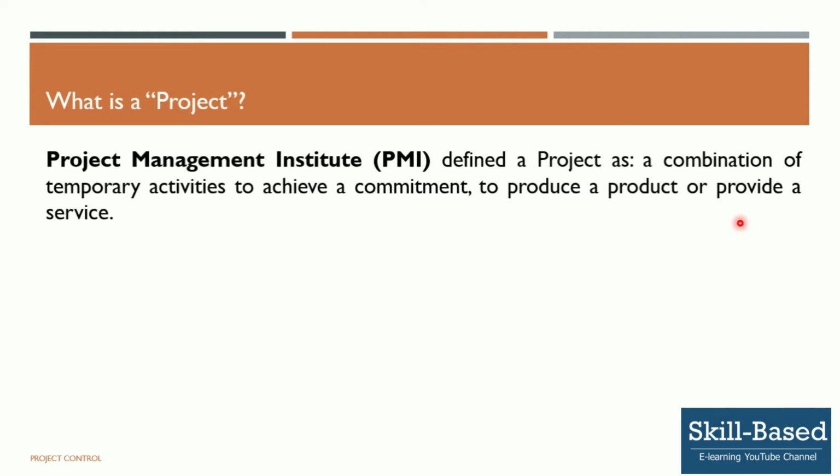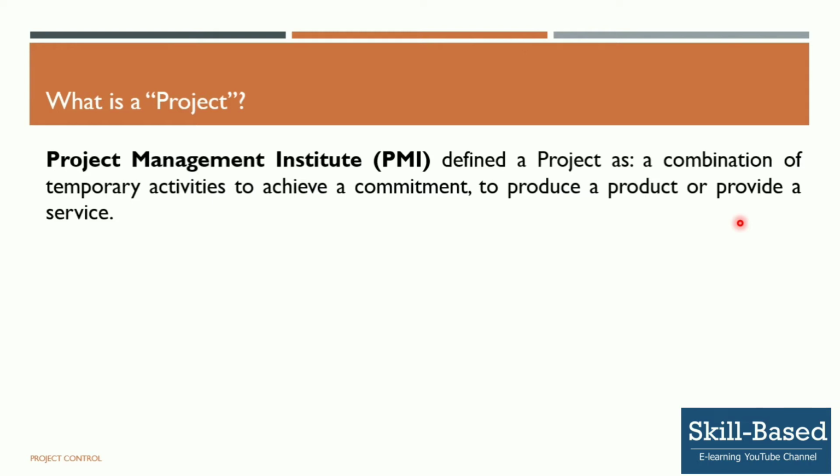So if we are trying to design a new product, this would be a new project. Or if we are trying to provide a new service for our customers, this is also called a project. Or if you are working on your master thesis or PhD thesis, these are also called a project.